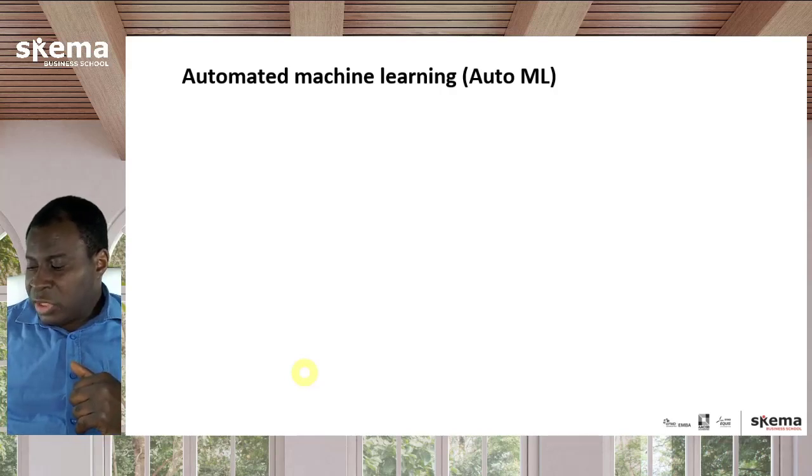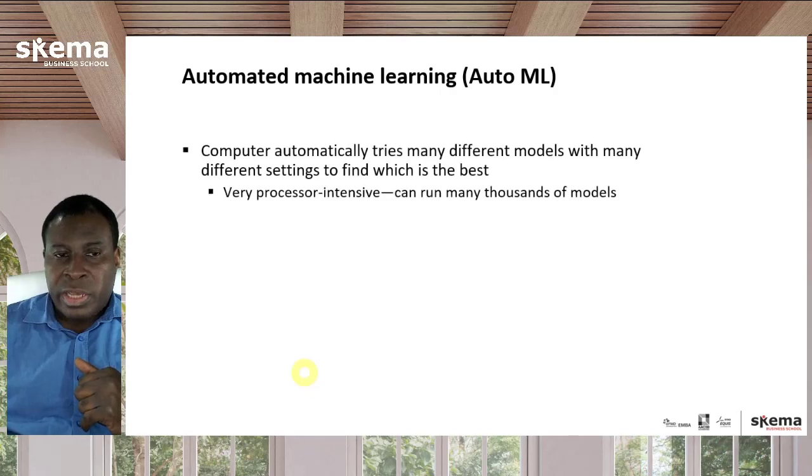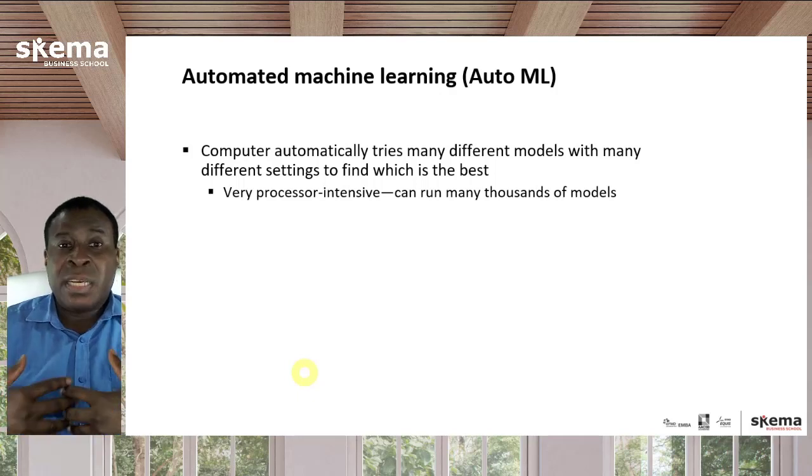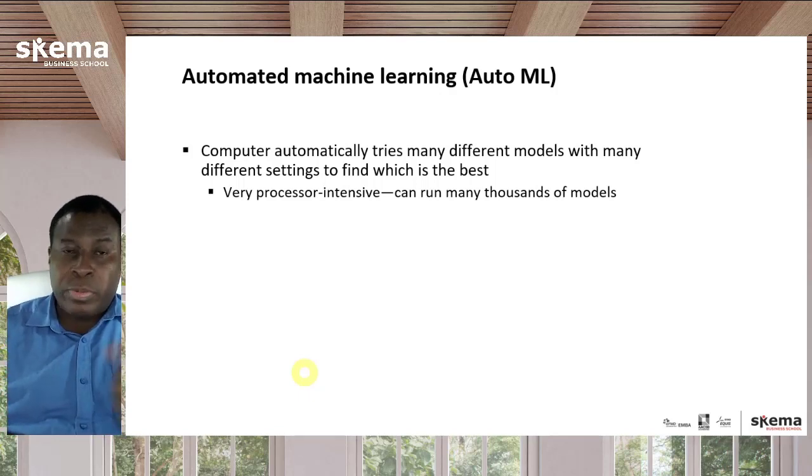So, automated machine learning generally refers to having the computer automatically try many different models with many different settings to find what's the best. It can run hundreds or even thousands of different models that it generates, and because of that, it's quite processor intensive.